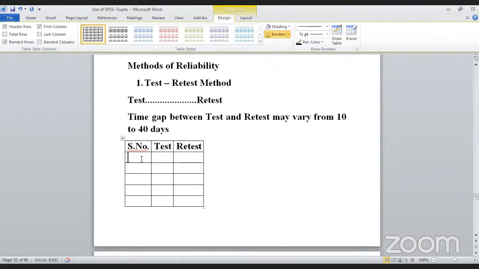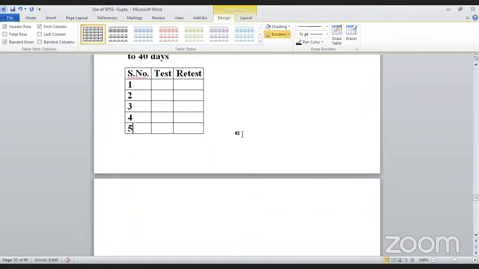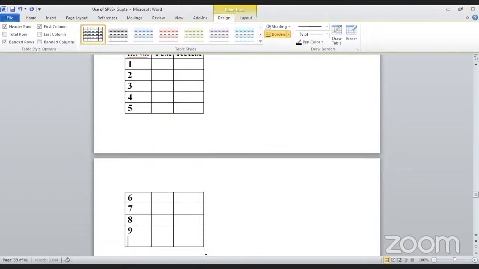Now, the first person, the second, the third, the fourth, the fifth, the sixth, the seventh, eighth, ninth, 10th, 11, 12, 13, 14.